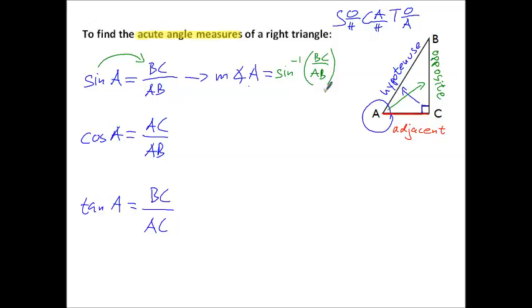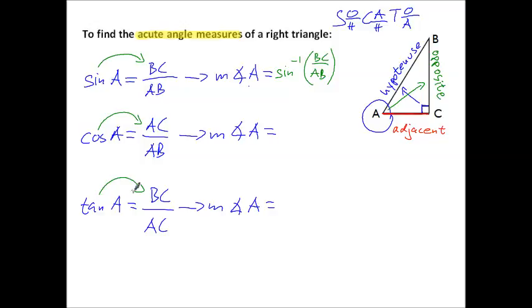And since we had set up also our cosine and our tangent for angle A, we could do it with either one of these the exact same way. We need to move the cosine to the other side, make it the inverse function, and the tangent as well.